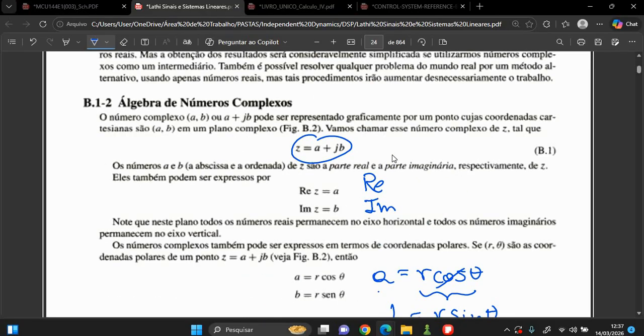But why is the complex number z equal to a plus j times b? Let's see this.